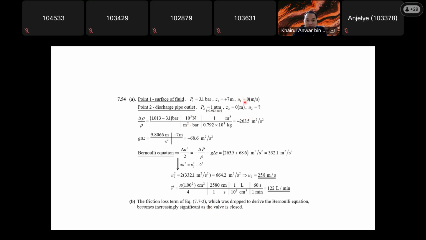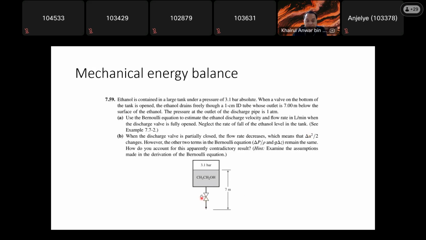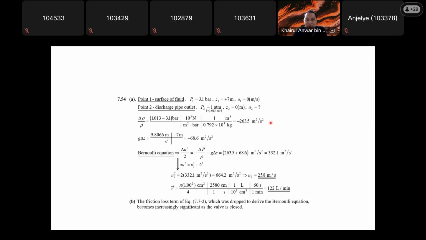Actually, there is u for the surface of the fluid when we open the valve, but the value is very small, so neglect it. That's why it's delta P over rho. So delta P.